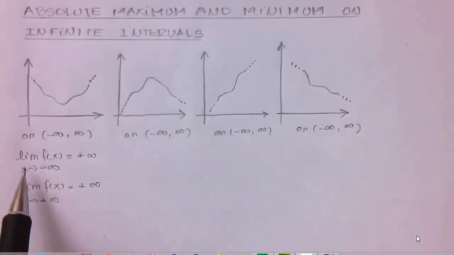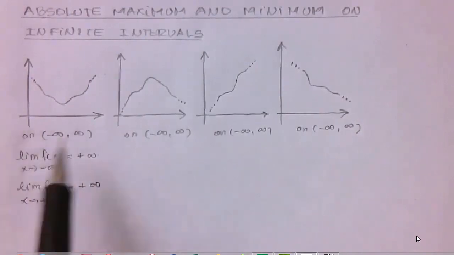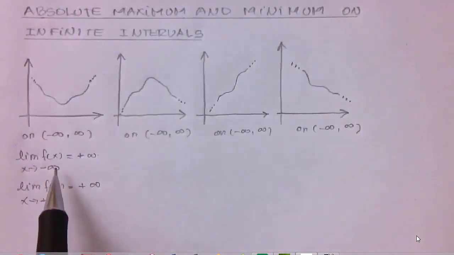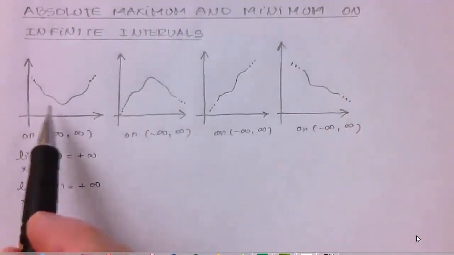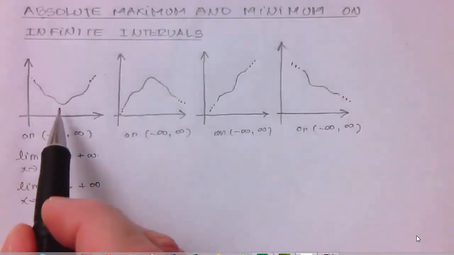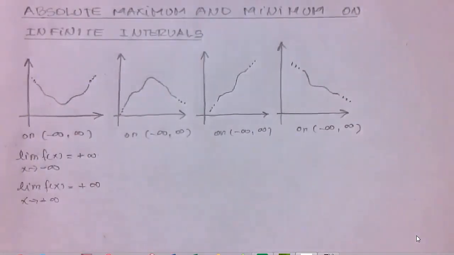If we see that the limit of the function when x approaches negative infinity, when x is going in this direction, is plus infinity, and the limit of the function when x approaches plus infinity is also plus infinity, that means that what is happening is this, and therefore the function will have an absolute minimum but no absolute maximum.